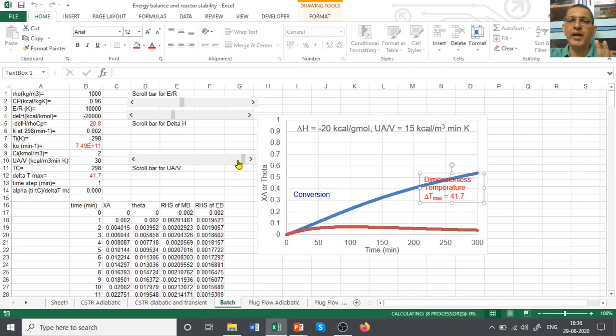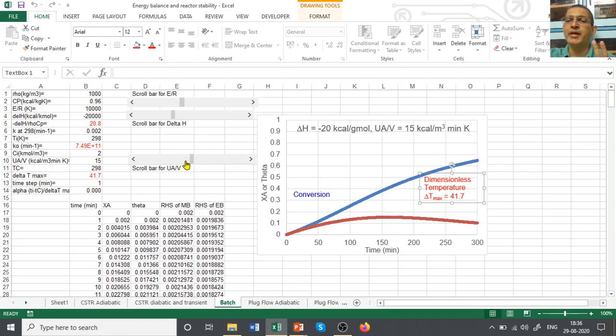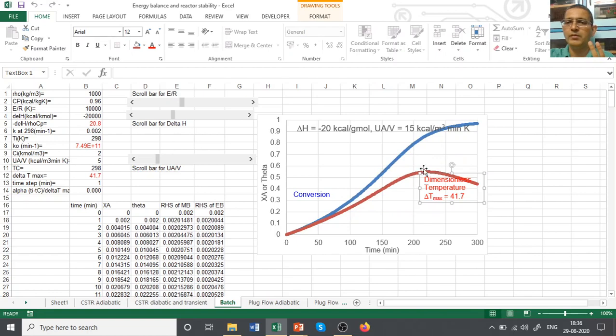As I go to a plant scale reactor, my heat transfer area reduces, A by V reduces. The peak temperature goes up. Peak temperature here is 20% or 30% of 41, which means about 10 degrees. Here it is about 50%, 0.5 of 41, 20 degrees centigrade.